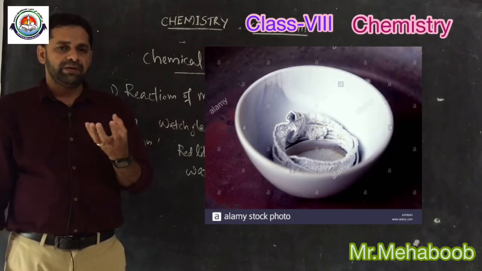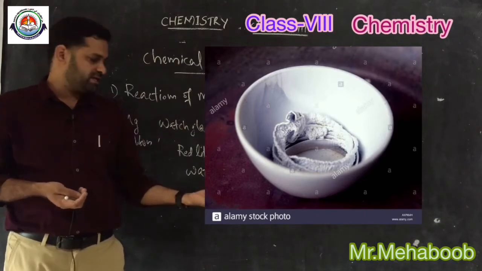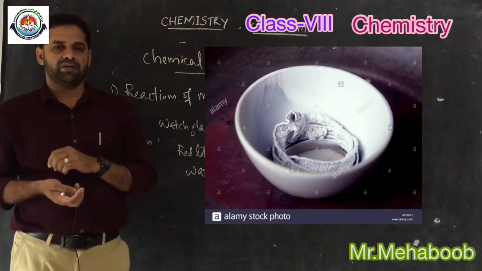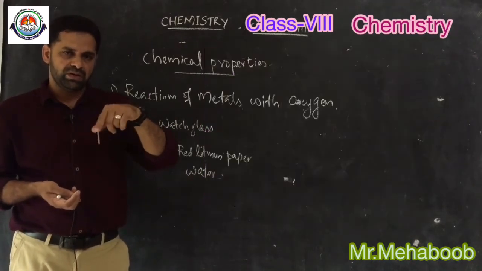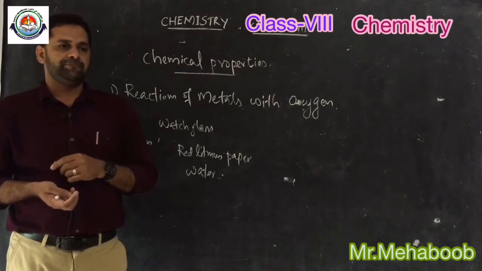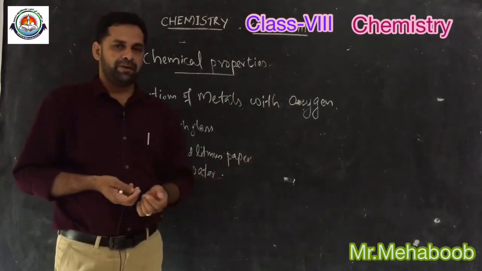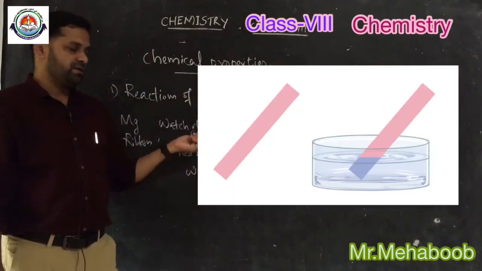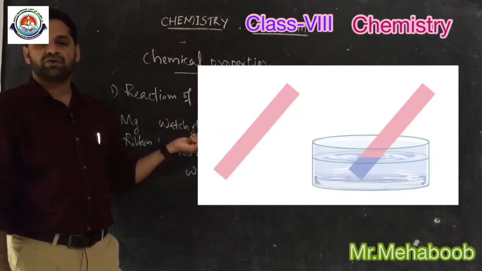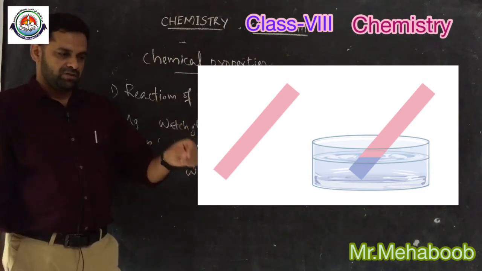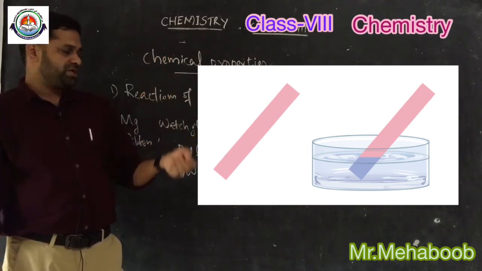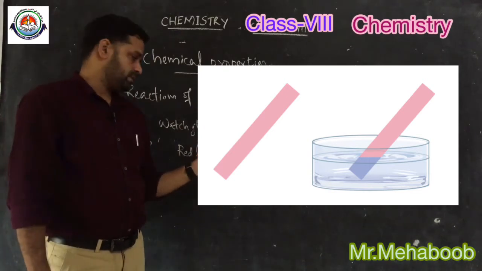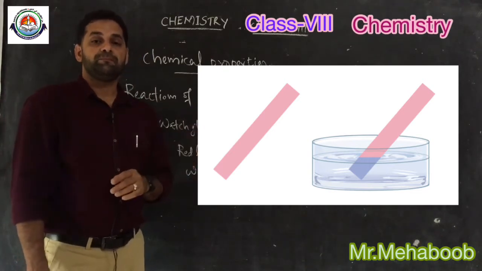We collect that in a small watch glass and pour a little water into it, then rub and dissolve it. Then you dip a red litmus paper in the watch glass containing the ash of magnesium. When you take out that red litmus paper, it changes into blue.